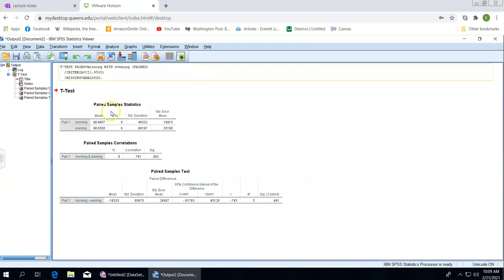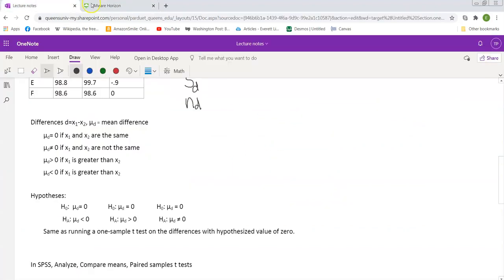And we get our output. I pasted our output down here.